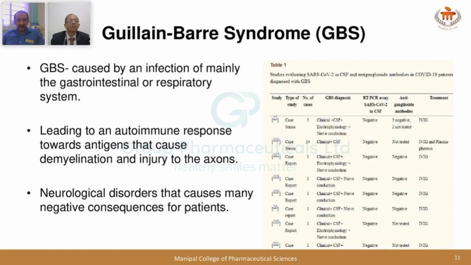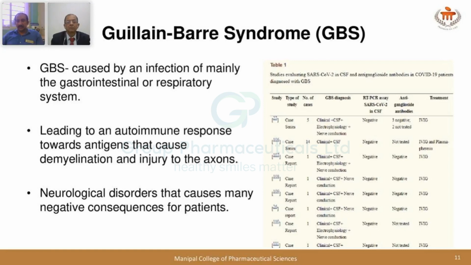Next one is Guillain-Barré syndrome. Guillain-Barré syndrome is a disorder occurring due to the demyelination that occurs in the axons, which results in reduced functioning of the tendons, and finally results in paralysis of the facial muscles as well as the limbs. So GBS is one of the important neurological disorders.